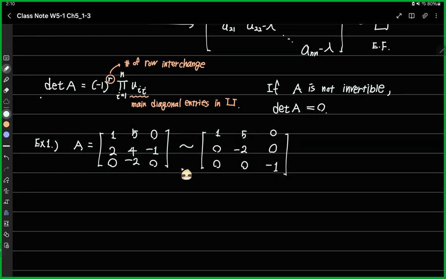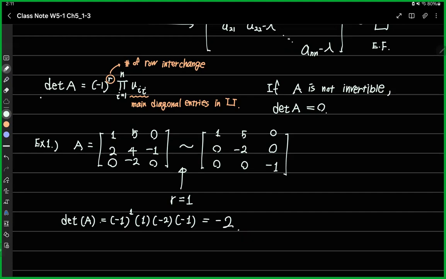Here we perform the row interchange once, so R is 1, the number of interchanges is 1, because we interchanged the second row and third row to get the echelon form. Now the determinant of A is going to be (-1) to the first power times 1 times -2 times -1, which is -2, right?